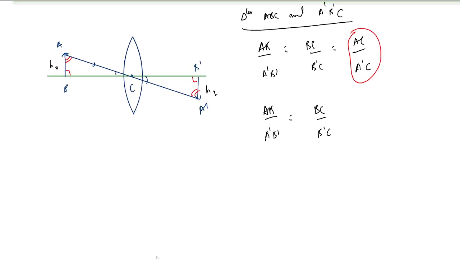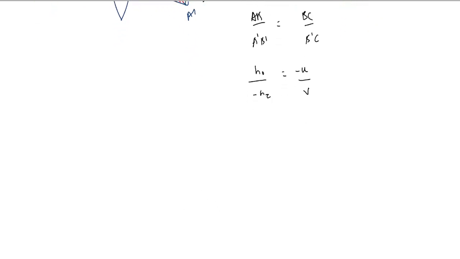When we put it back here, AB, which is height of the object, by A dash B dash, which is minus HI by sign convention, is equal to BC, that is minus U by sign convention, because distance from C to B would be minus U, and then distance from C to B dash would be plus V. From here, this minus gets cancelled, and if we take the reciprocal of each term, then HI by HO is equal to V by U. Therefore, what we get from here is M is equal to V by U.